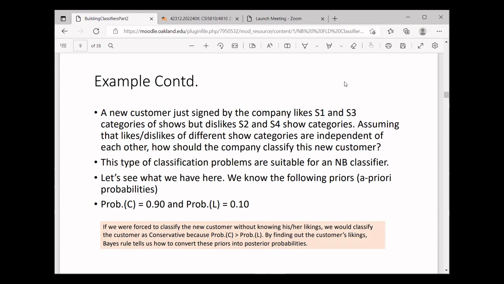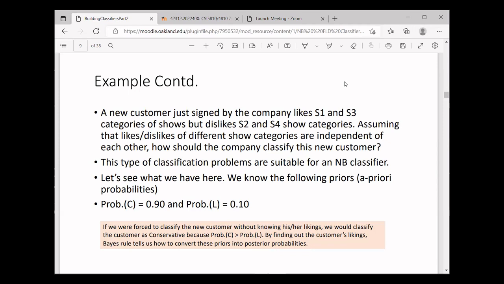Assuming that the likes and dislikes of different shows or show categories are independent of each other, how should the company classify this new customer? Should this customer be classified as a liberal, or should the company classify this customer as a conservative? And based on the classification, the company will run some ads and things like that.